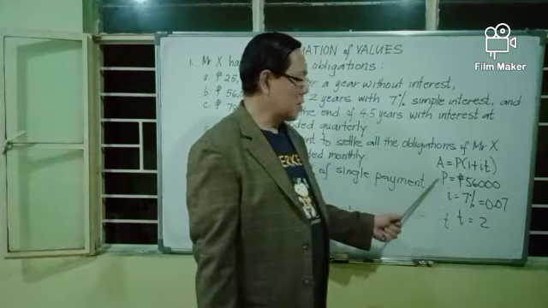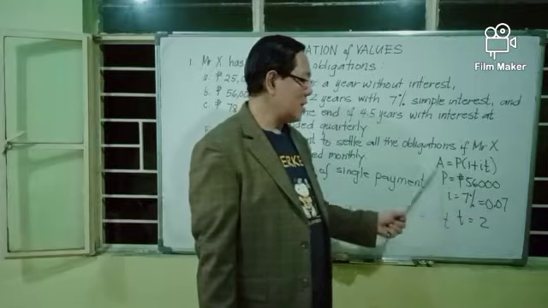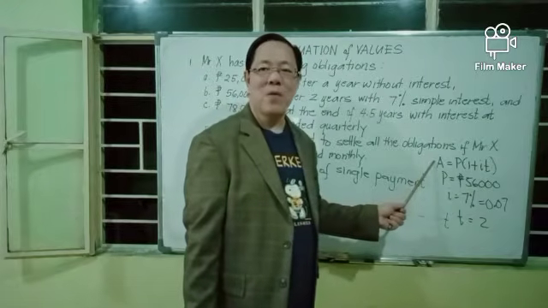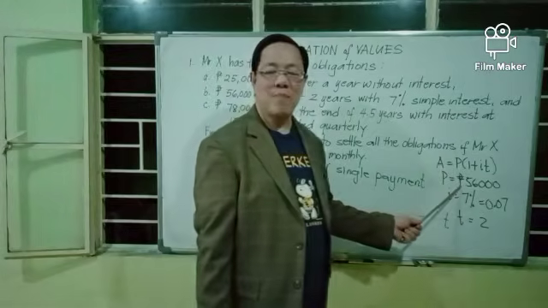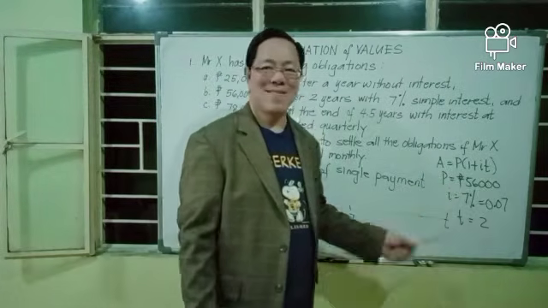And we substitute the values of P, i, and T into this formula to compute for the accumulated value or maturity value of 56,000 pesos after 2 years.